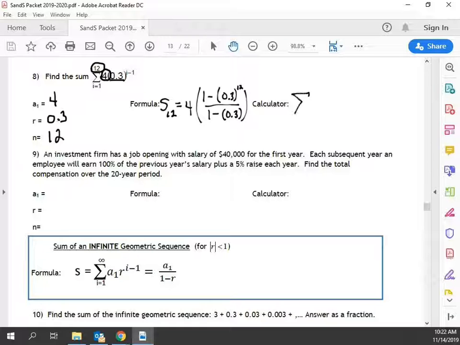Calculator? Switch. Left side, do the summation. Right side, do the formula. And see what you get, guys.